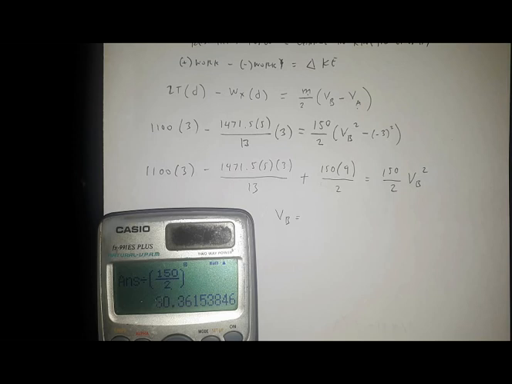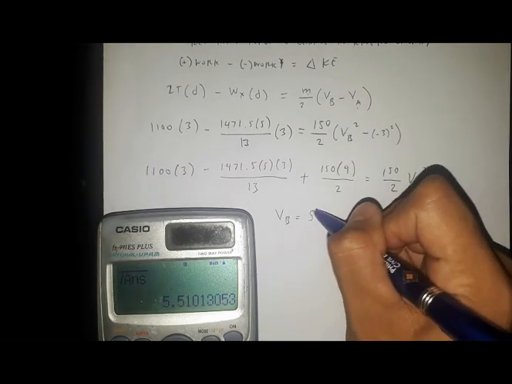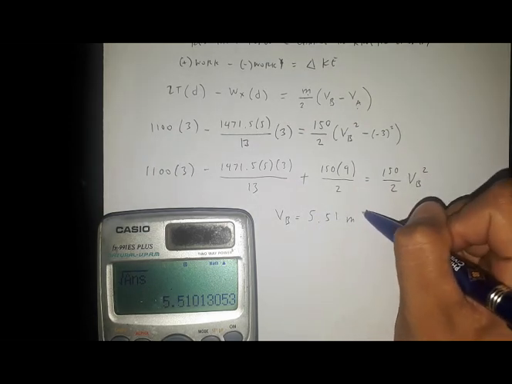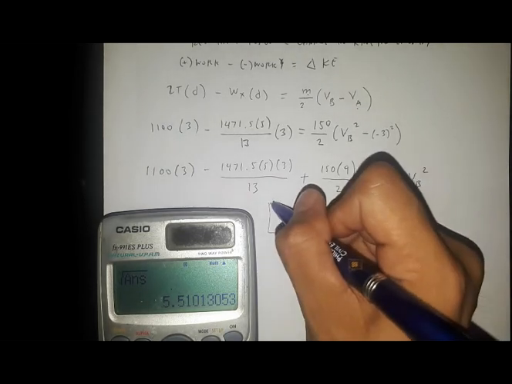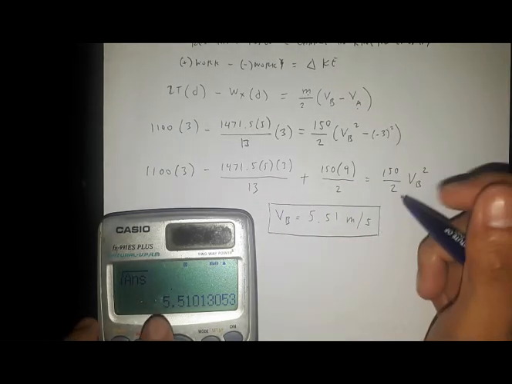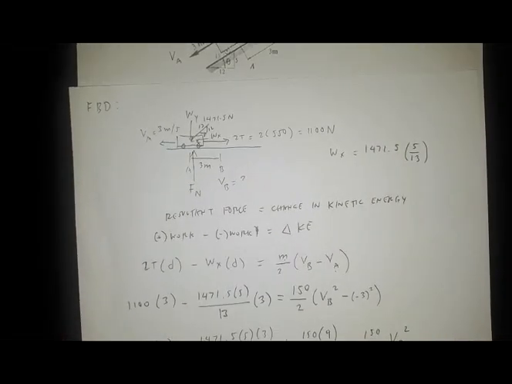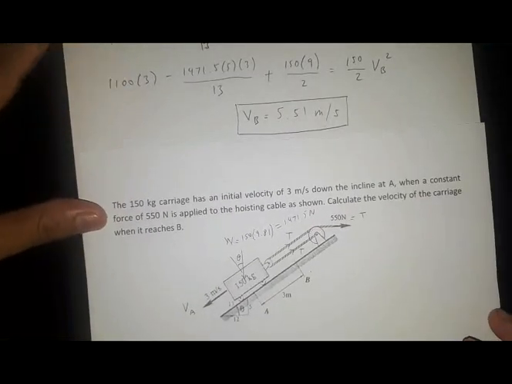Then get the square root of the answer. So we have velocity at B is equal to 5.51 meters per second, and that gives the answer for the problem.